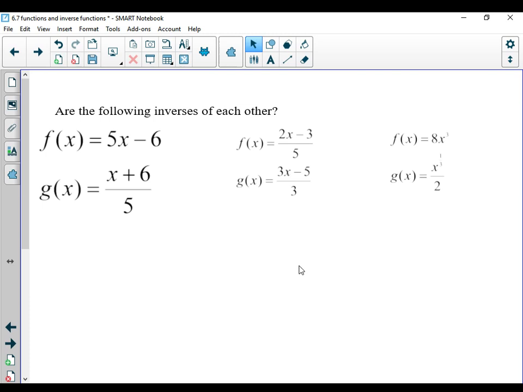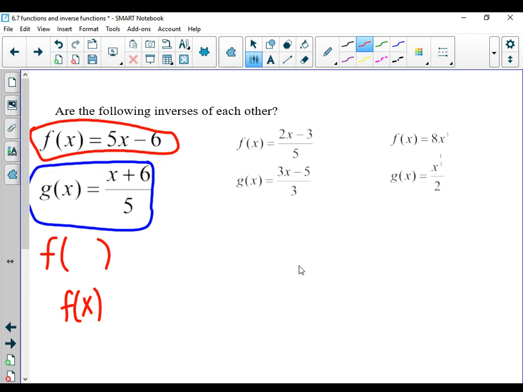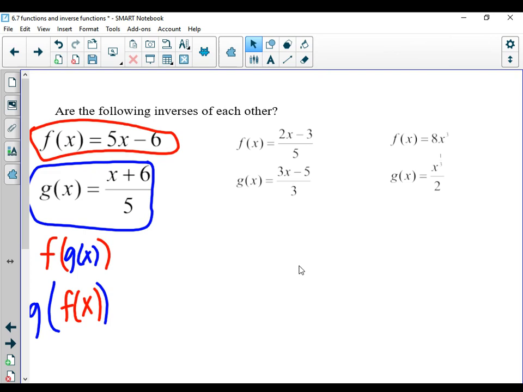So maybe I'll name this one my red equation and this one my blue equation, if you are still doing color-coded. So I'm going to do f of g of x and g of f of x. So that should be a review from Friday. Go ahead and solve both of those.